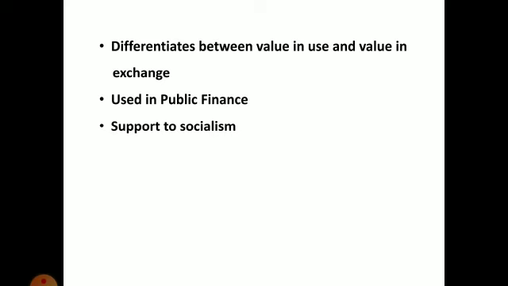Marshall used this law to support a progressive tax system. Under a progressive tax system, the rate of tax goes on increasing at a higher rate when income increases. Marshall also pleaded for such a system of public expenditure in which a larger proportion of tax revenue is used for the benefit of the poor.